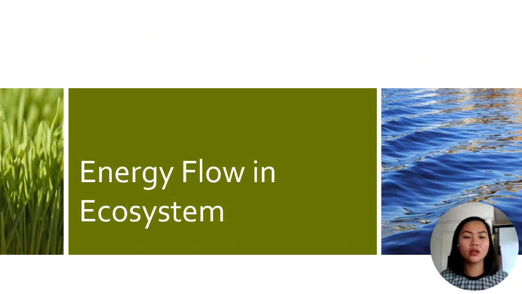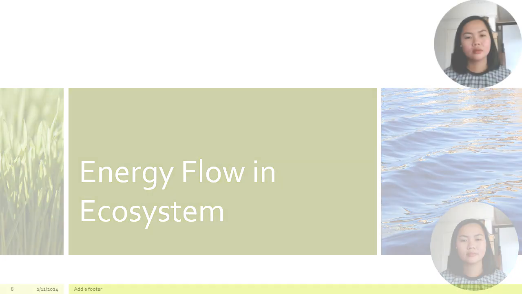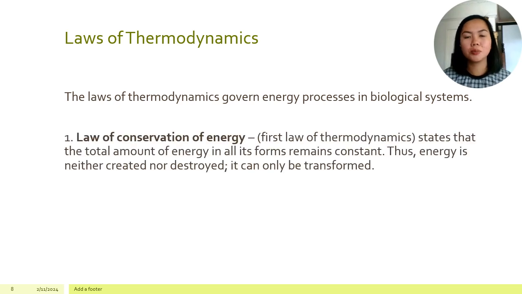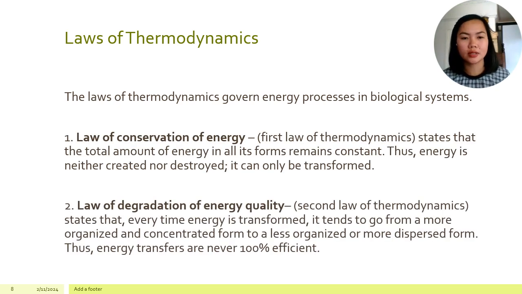Now let's move on to energy flow in the ecosystem, wherein we will learn about how energy or matter is transferred from one organism to another, from producers to primary consumer, secondary consumer, and so on. The laws of thermodynamics govern energy processes in biological systems.